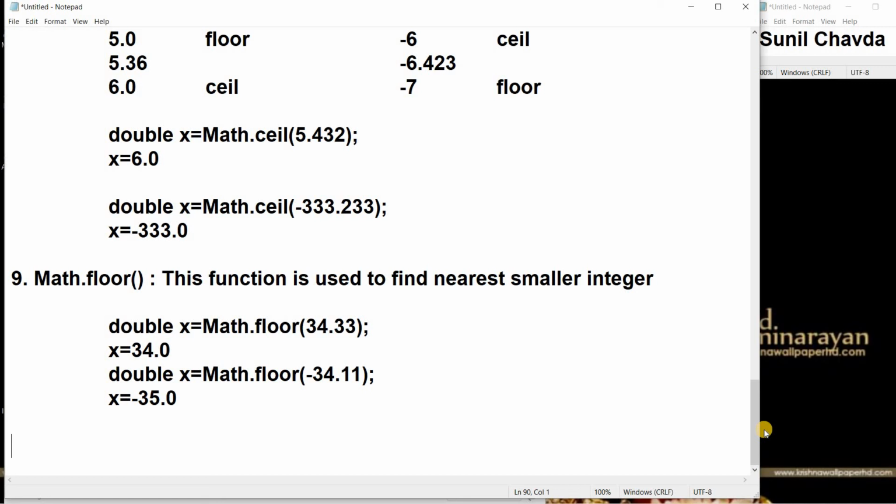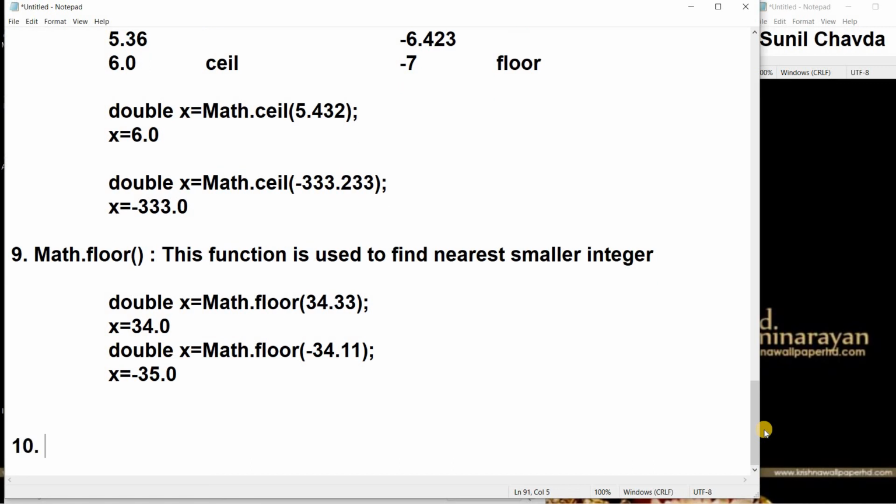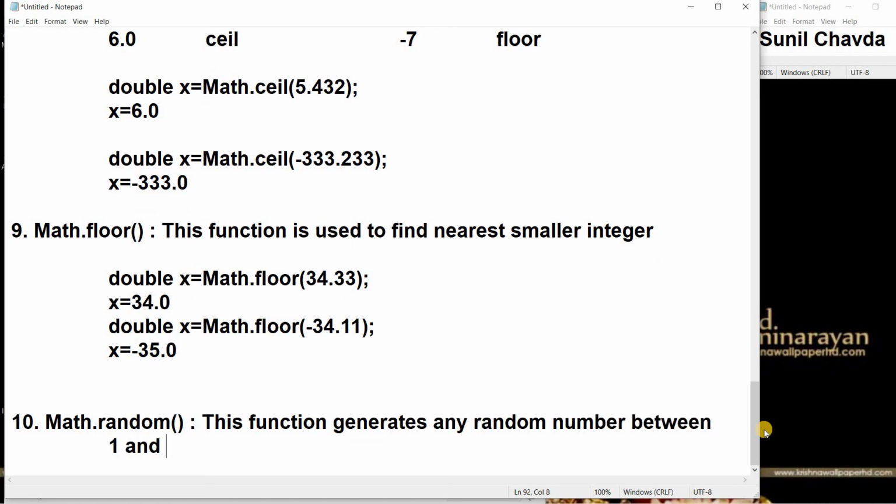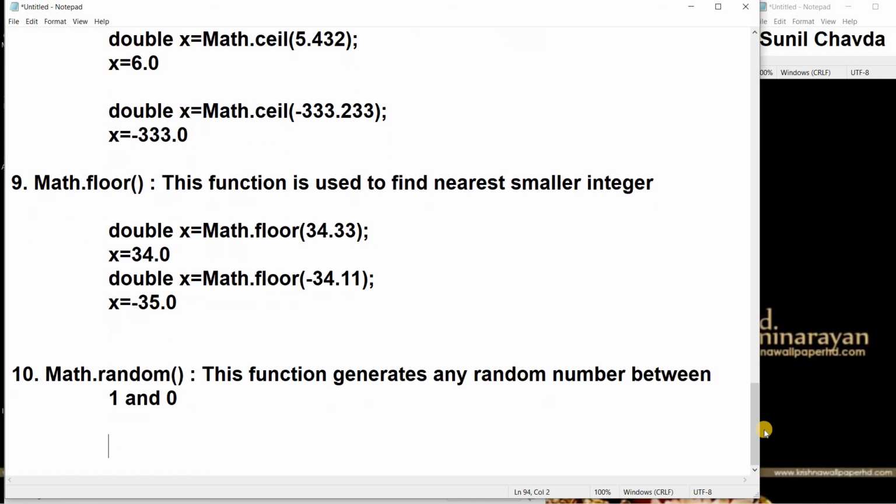Understood this much? Any doubt here? Okay, the next function is a very interesting function, function number 10. This is the Math.random function. This function generates any random number between 0 and 1, and it will not take any argument.